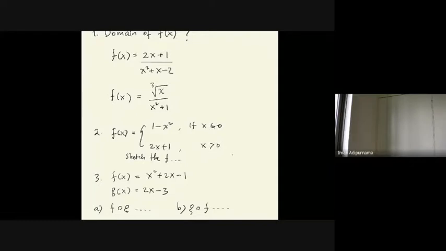Number three, you have two functions, f and g. This is called the composite function. Okay, but maybe you already know. It's like a circle in the middle. It's not fog. It's a circle symbol for composite.